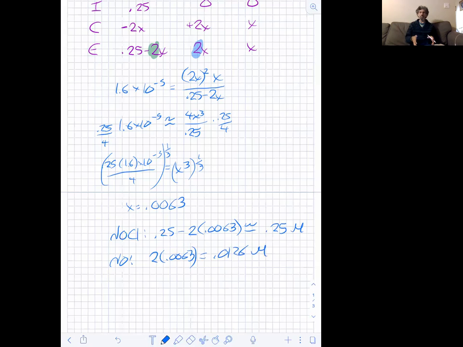I know there's rules of rounding and sig figs. I'm more or less ignoring that for the moment. And the chlorine gas, which is just X, then that would be 0.0063 molarity. And voila, there is an equilibrium problem which had just about everything you could have to deal with for an equilibrium problem in a high school chemistry class.